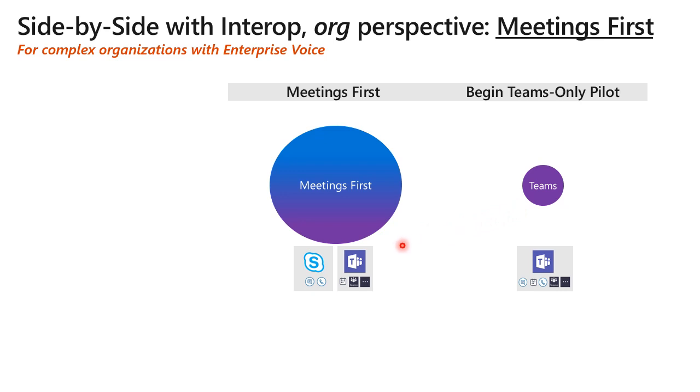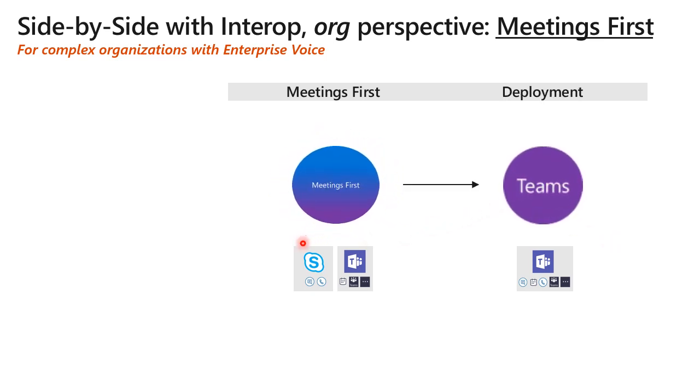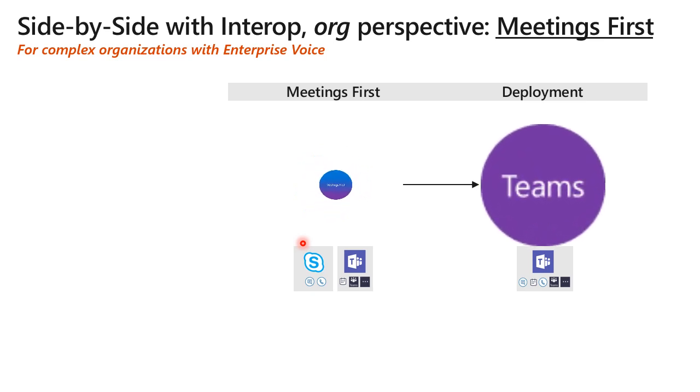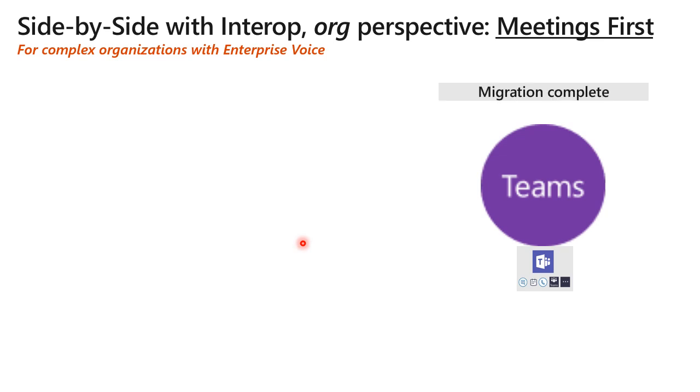So we want to make sure that our adoption and training pick up on that, so that not only the people that land here know what they're doing, but the people that are still left in Skype understand what that change of experience is going to be like now that they're talking to some folks that have been upgraded to Teams. As we continue the deployment, we'll get more and more folks on Teams, which in turn causes that meetings first environment to shrink down to the point where we can finally complete the migration to Microsoft Teams.